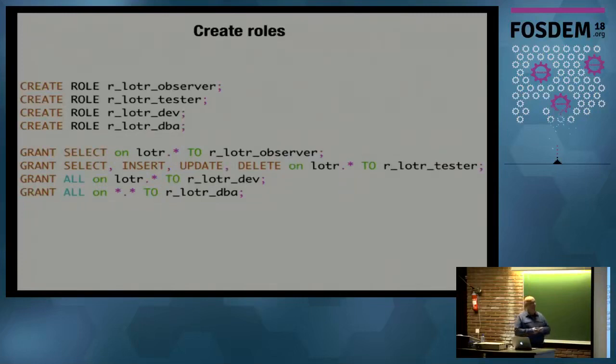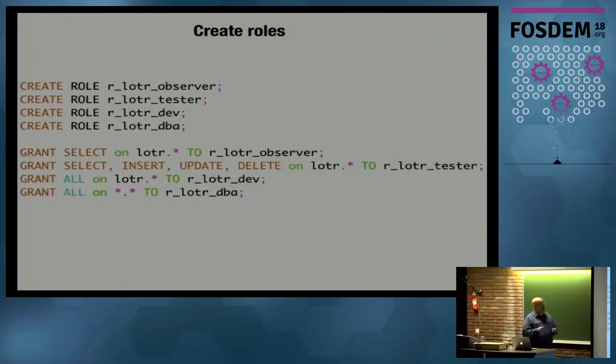And all these roles will act on a database called Lord of the Rings. So what do we do? We assign select to observer; select, insert, update, and delete to tester; all to the developer; and all on everything to the DBAs.